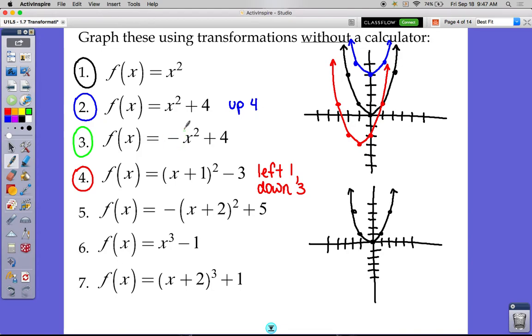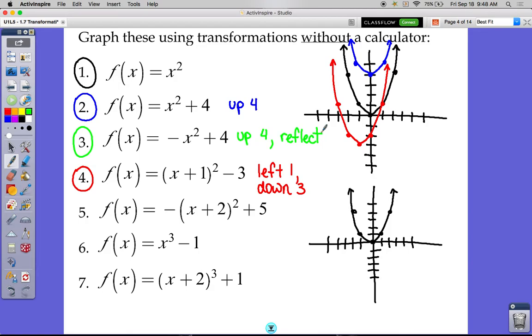And when we talk about a negative in front, if you remember that from previous lessons, a negative in front of this whole thing is going to take the equation and flip it upside down. So this one is going to go up 4, but it's also going to reflect. You do have an option of which one you do first.